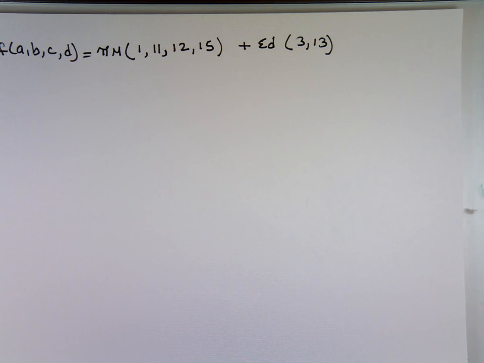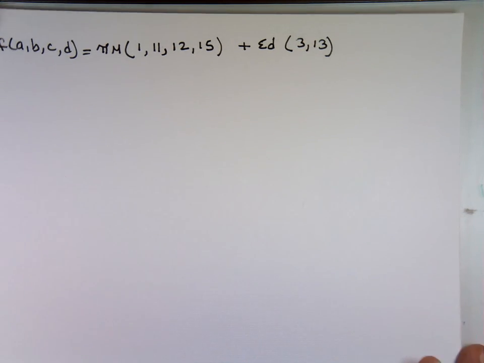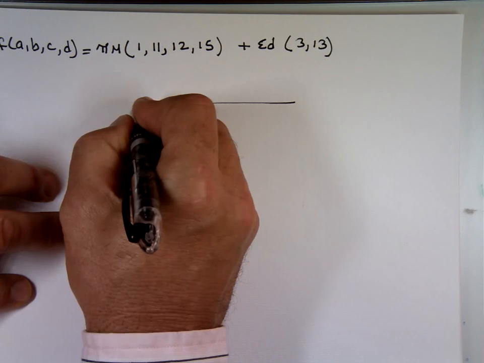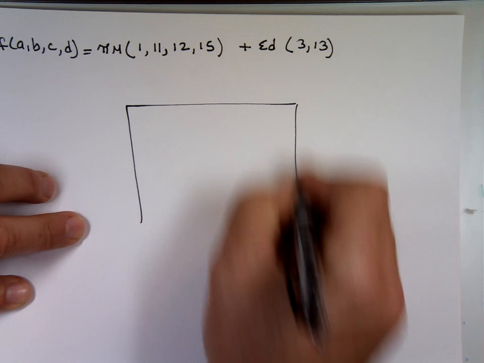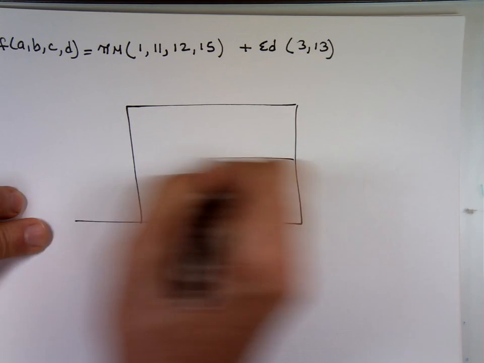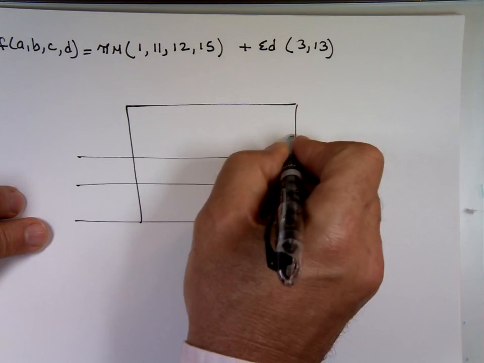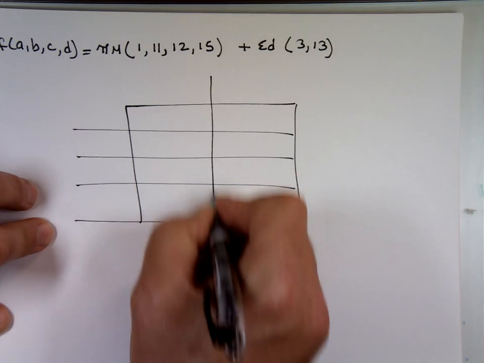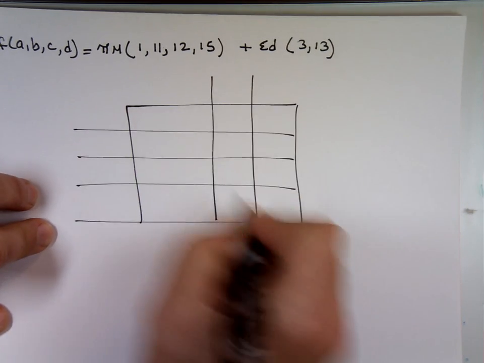Now I wrote this a little bit differently. How is that different than the previous ones I wrote? I'm telling you where the function is zero here.